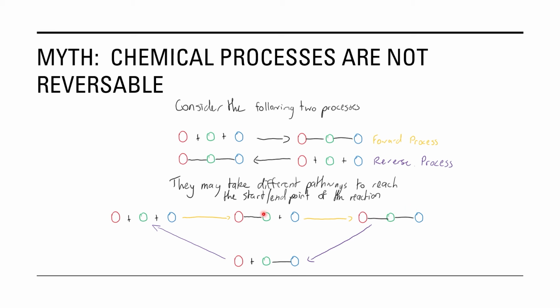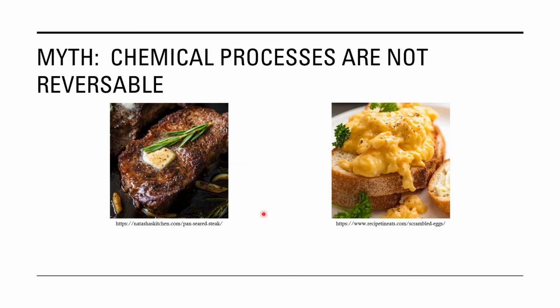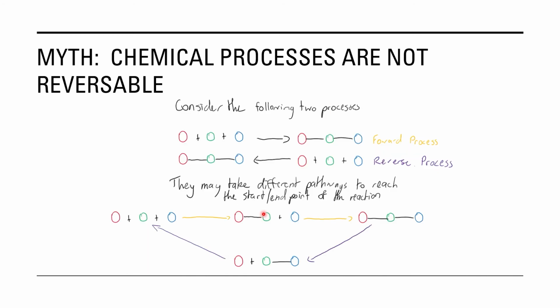And hopefully that helps to exemplify the idea that even though you might go through one process to get from reactant to product, the reverse process to get from product to reactant, so for example, our uncooking of steak or eggs, going from cooked to uncooked, the pathway to get to that uncooked state may be drastically different. And this is definitely an oversimplification of how complex that reversible process would look.